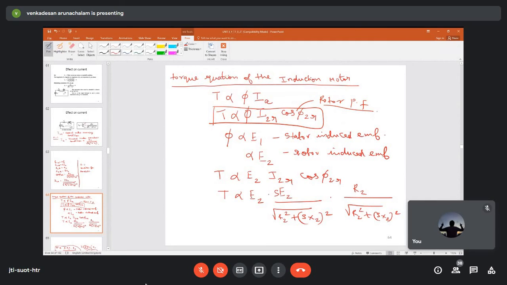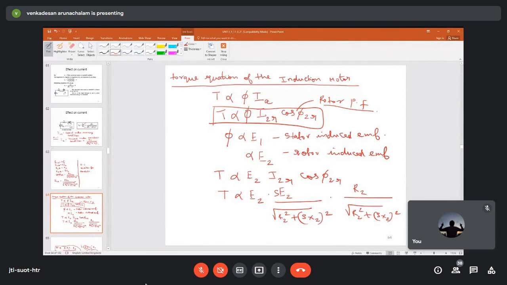And E1 and E2 both are proportional to each other, right? So how much E1 you have in the stator, that much E2 you will get in the rotor. All are proportional. So instead of phi, I can write proportional to E1 or proportional to E2, the rotor induced EMF. So substituting E2 in place of phi, torque is proportional to E2 into I2R into cos phi 2R, right?